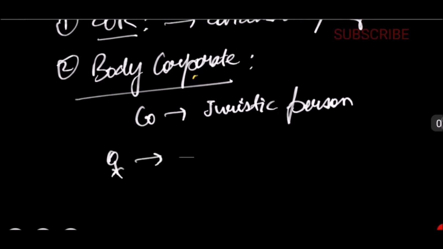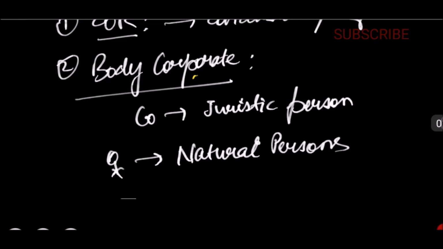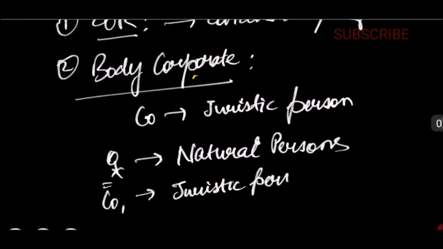Human beings are natural persons. The persons other than human beings, like companies and corporations, who are recognized as persons in law, are called juristic persons. So a trade union is also a juristic person.